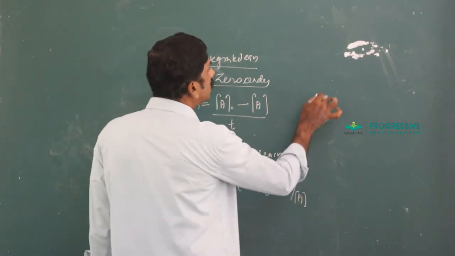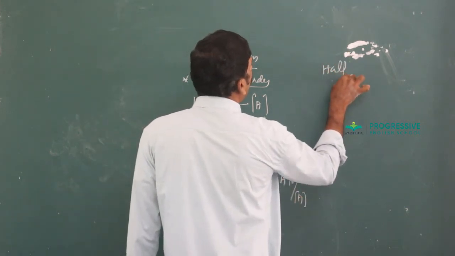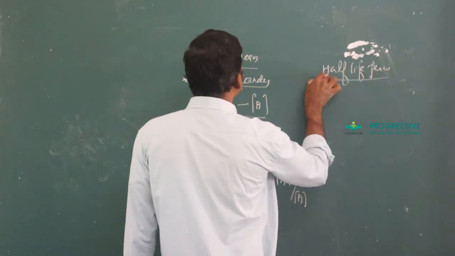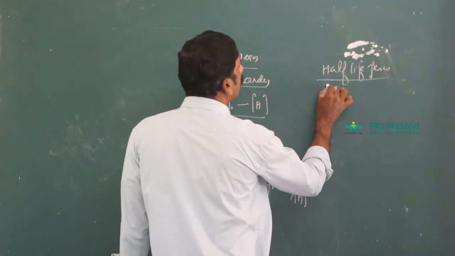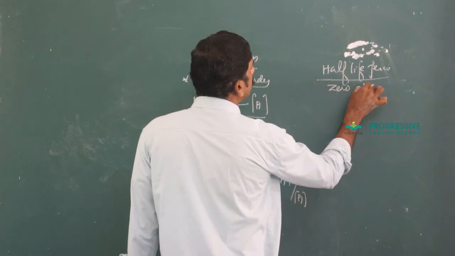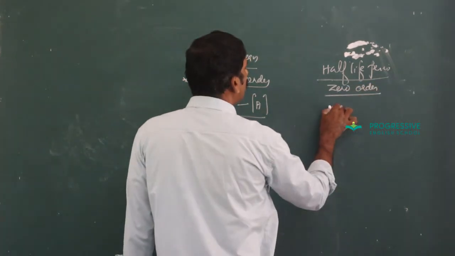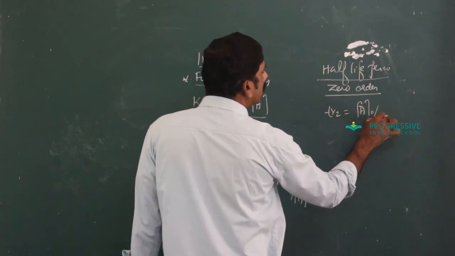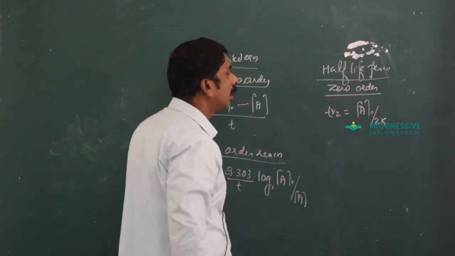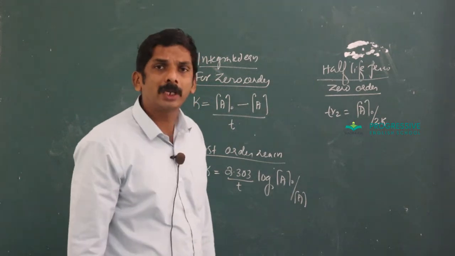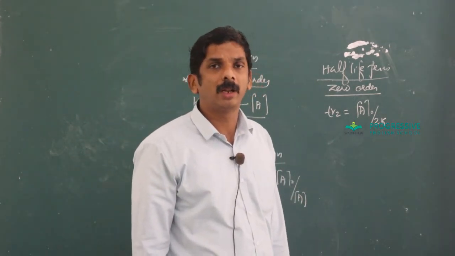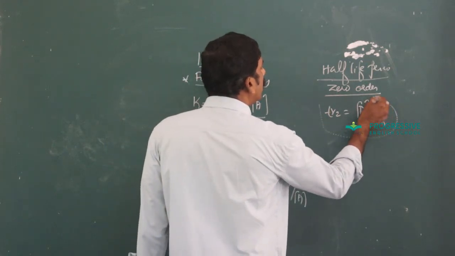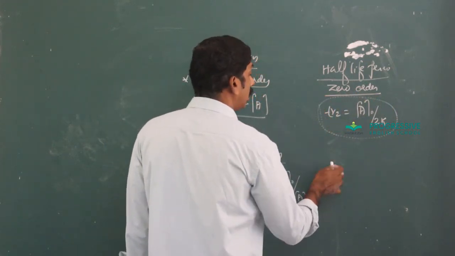And the same for the half-life period. For a zero order reaction, T half equal to A0 by 2K, where A0 is the initial concentration. T half is directly proportional to initial concentration.